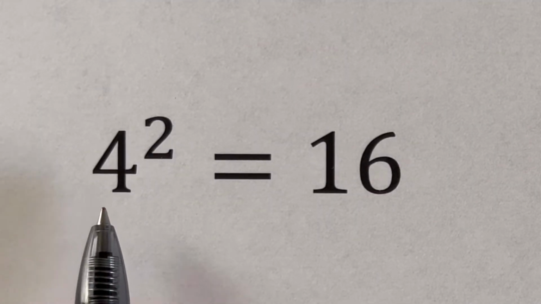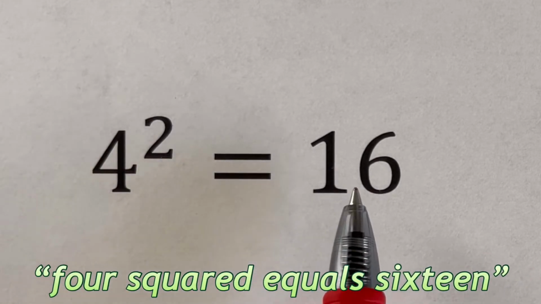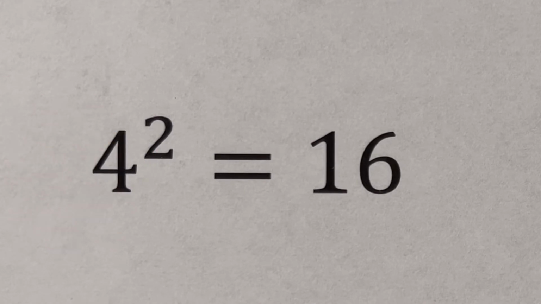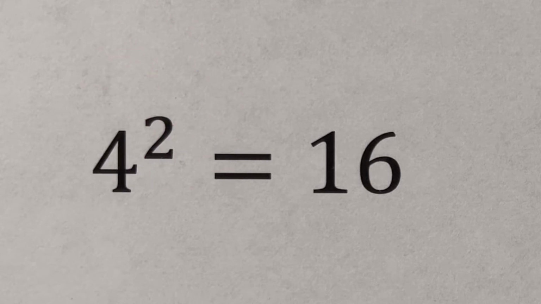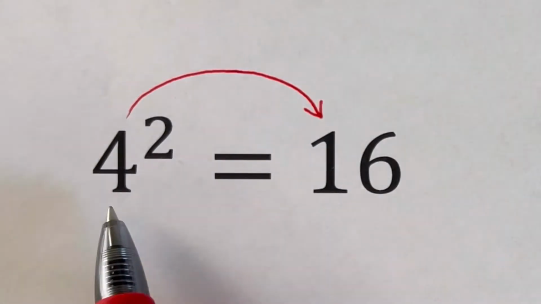So this expression is read as 4 squared equals 16, where 4 here is the base and this little number 2 here is the exponent. Now, how did we get to 16 here? This 4 squared means that we are supposed to square the 4.